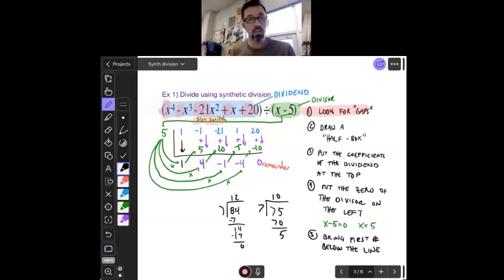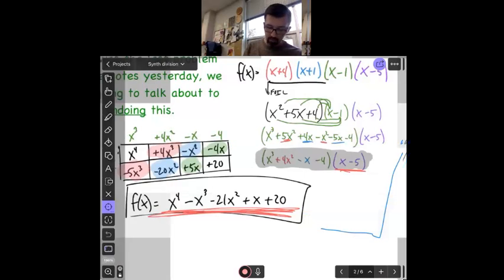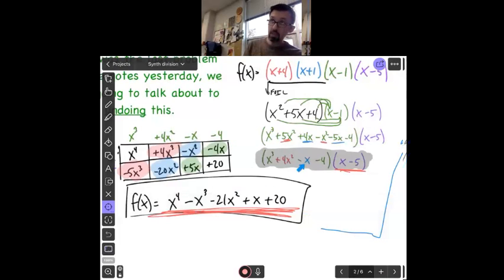What's special about that? 7 is not a factor of 75, but 7 is a factor of 84. So this tells us that x minus 5 was a factor of this, which better not be surprising because we got this thing by multiplying x minus 5 by something.